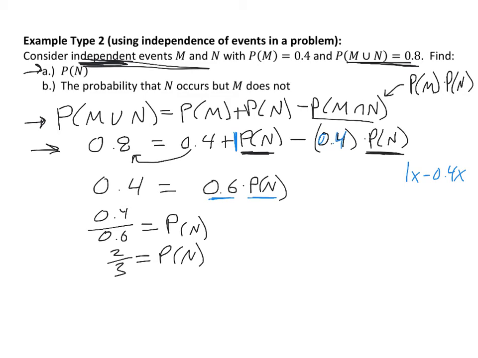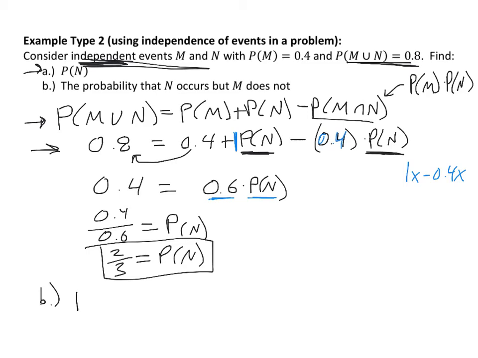So now that we have this, now that we've finished part A of the problem, we're going to move on to part B. Part B says we want to now find the probability that N occurs, but M does not. Okay. Now, this might be a little bit hard to see, but that's basically an AND probability. Think for a minute about why that's an AND probability.